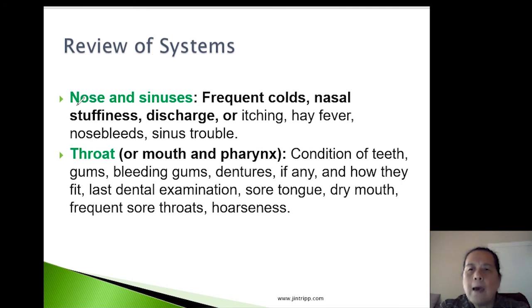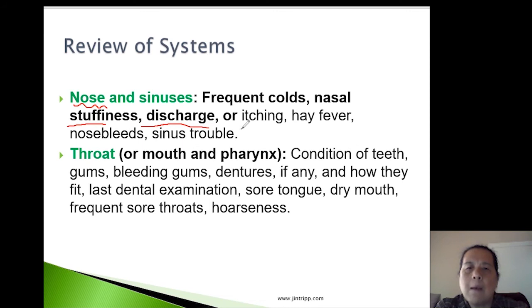Then we ask questions about the nose. We say orifice: on the head, eye, ear, nose, mouth. For the nose, usually the questions are about stuffiness and discharge. Those are the common questions.